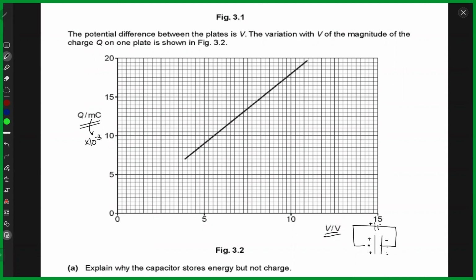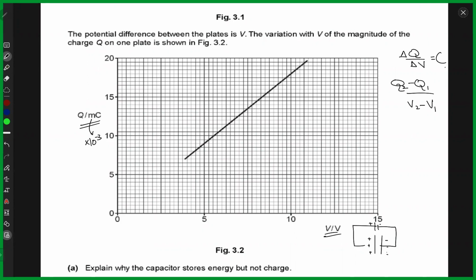So I can simply find the gradient of this line, which would be change Q2 minus Q1 divided by V2 minus V1. This is just delta Q by delta V, which is basically just the capacitance, right?